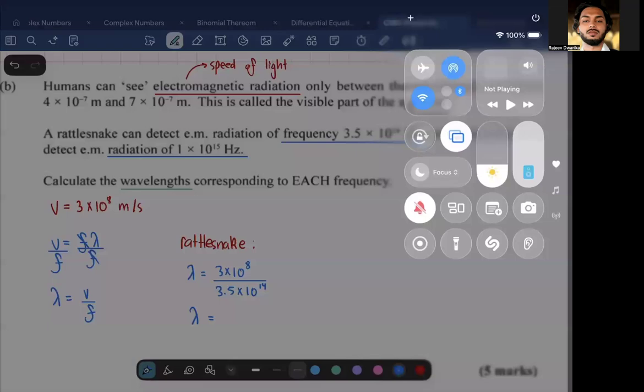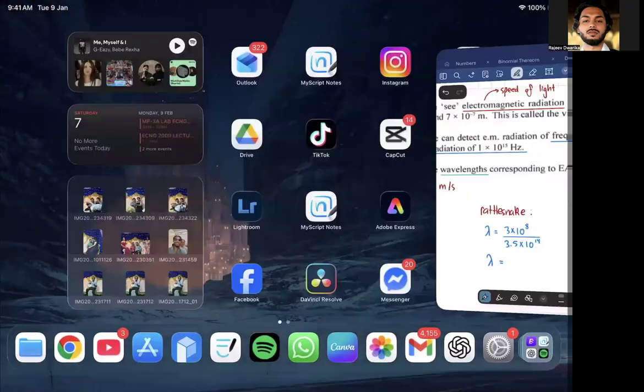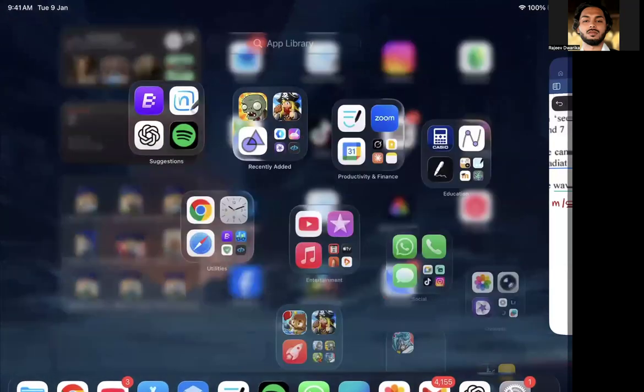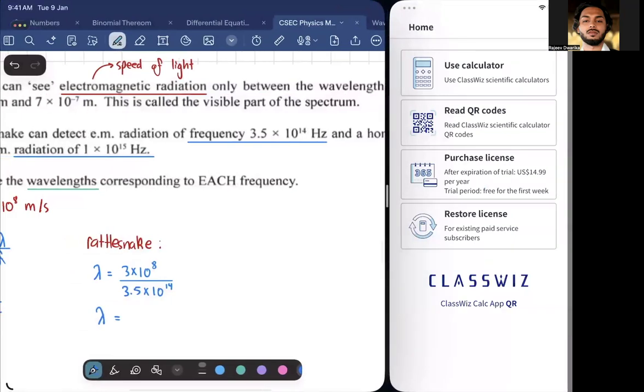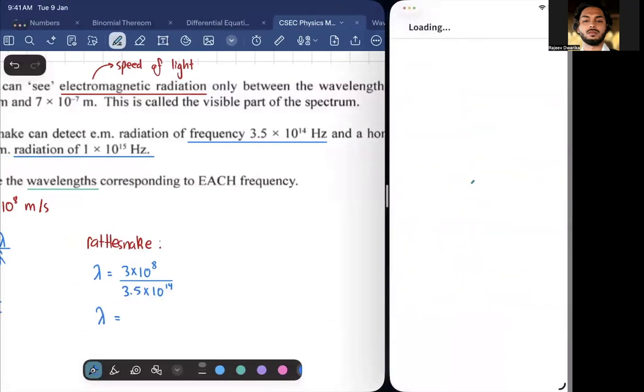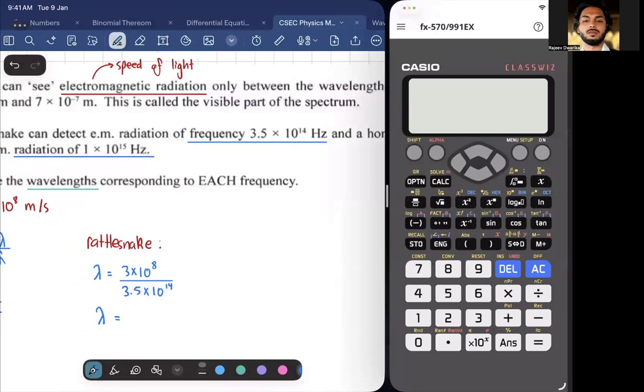Let's see if I could help you. Okay, so this is what you're gonna do from right now. You're gonna open a bracket and put 3 multiplied by 10. You see a button that says X with a little Y on top.